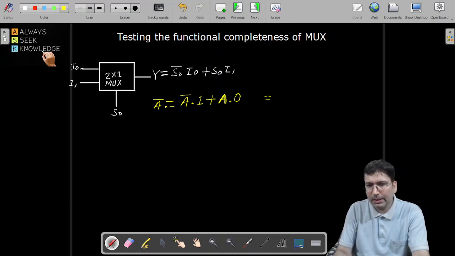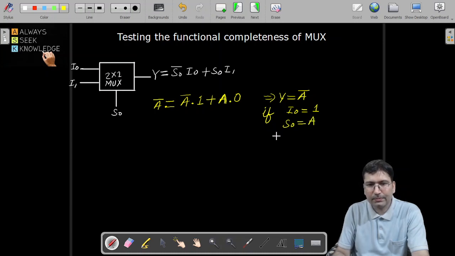So I'm concluding that Y can generate A bar if I0 is equal to 1, S0 you are passing as A, and I1 is equal to 0. I hope you are getting it.